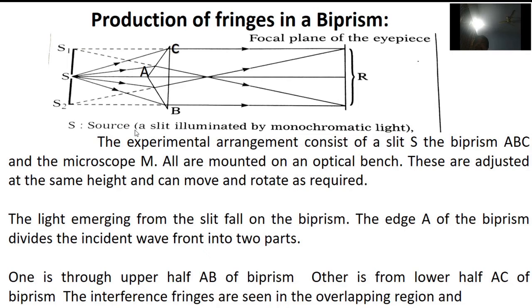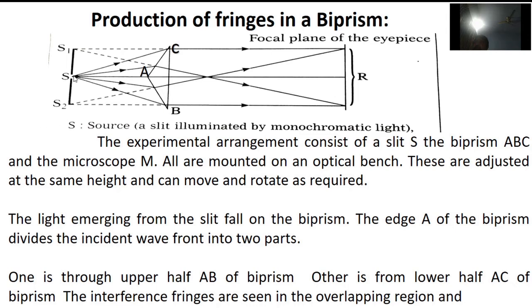The light emerging from the slit S falls on the biprism. The edge A of the biprism divides the incident wavefront into two parts: one through the upper half of the prism and the other through the lower half of the prism.